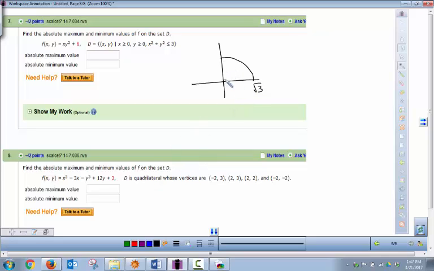And so that's one boundary, and then the other 2 sides are here. We got y equals 0. And then we have another boundary over here. That's x equals 0.